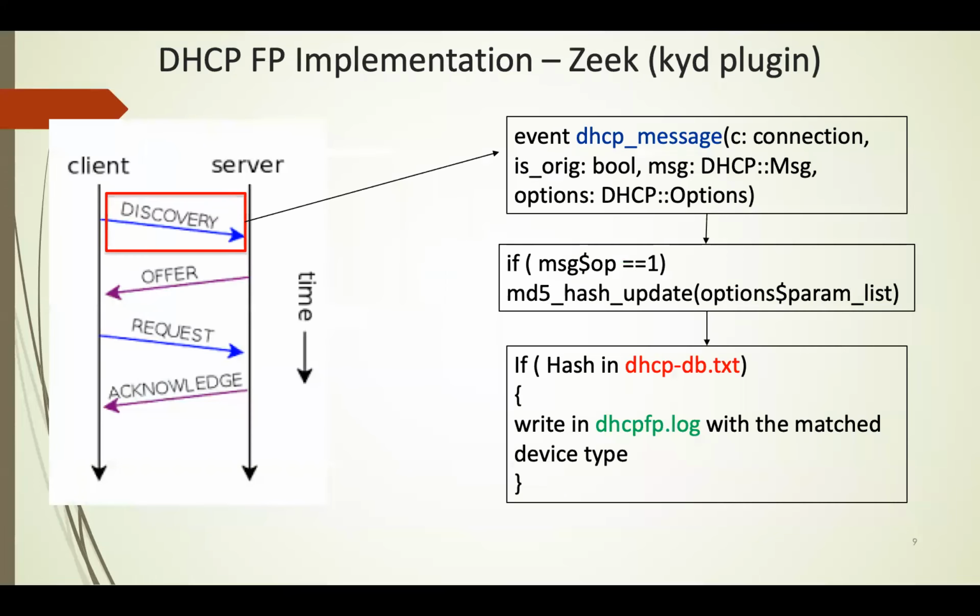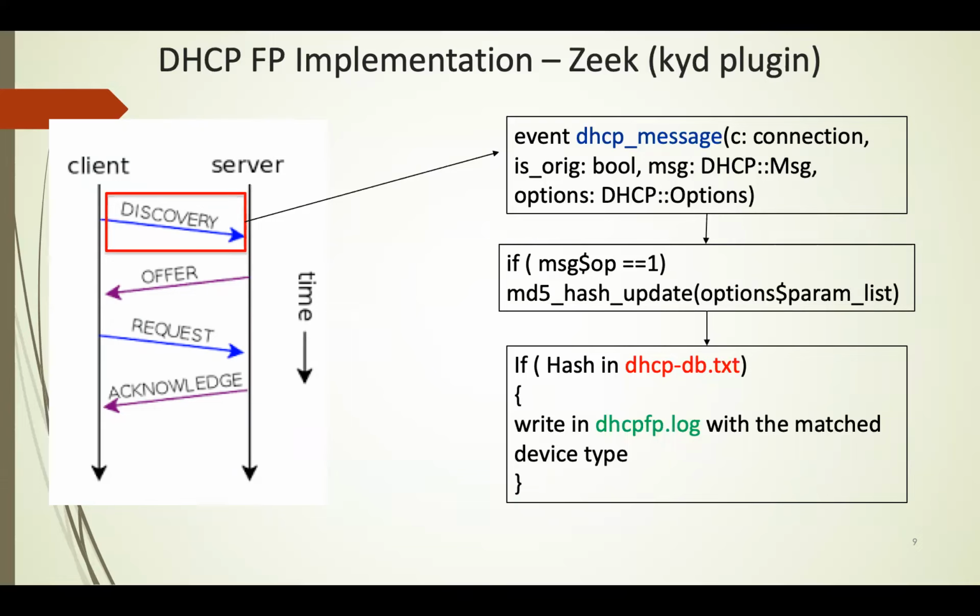Okay, so this is a very basic level of what I was talking about, the event. There is an event called dhcp_message. Whenever Zeek encounters the discovery packet in the DHCP protocol, it triggers the event analyzer for DHCP, and then the DHCP protocol analyzer produces an event called dhcp_message.